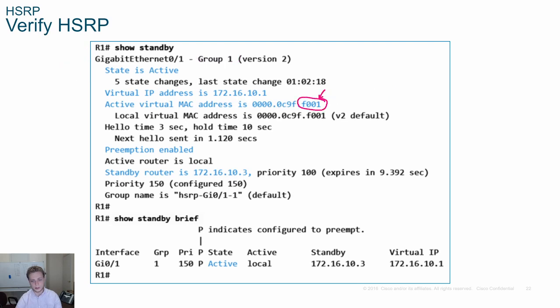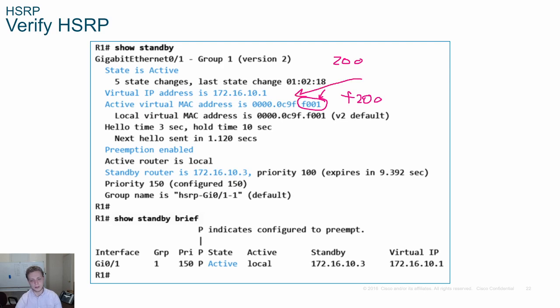The 001 here is actually for the HSRP group number. And so say you had group 200, then it would be F200, right? Makes sense. Hopefully it does. Anyway, that'll tell you the FHRP group, or really HSRP group, really easily from a MAC address.